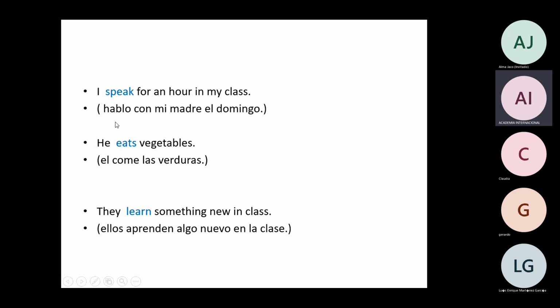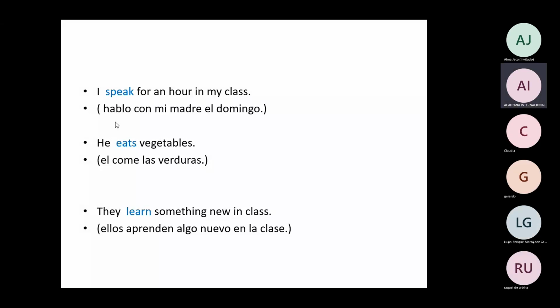But I speak for an hour in my class. Bien, cuando digo esa oración no es algo que está pasando ahorita, sino es algo que pasa continuamente, todos los días. Hablo por una hora en mi clase. Es algo que pasa, puede pasar todos los días. Ahí no dice si todos los días, ¿verdad? Pero no es algo que sucedió hoy, ahorita, en este momento.